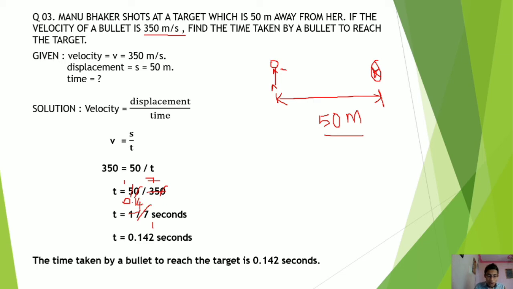Now 2 left, 30 minus 28, 2. So 2 and 0, 20. We get 7 twos are 14. So we get t equal to 0.142 seconds. So this is the time taken by the bullet to reach the target. So this was the last numerical for today.